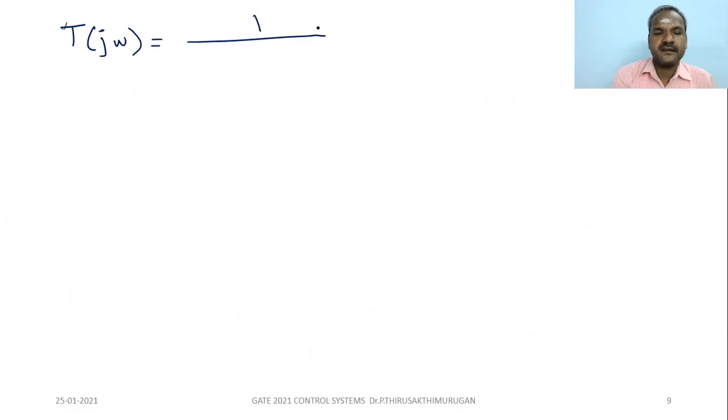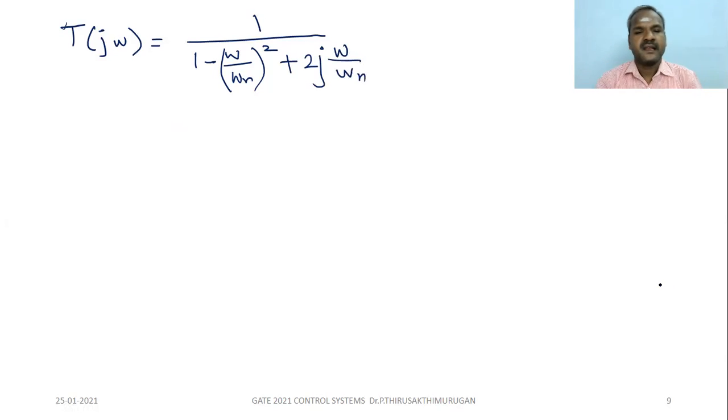Understand? So T of j omega, we can separate the real and the imaginary part. So 1 by 1 minus omega by omega n the whole square plus 2j zeta omega by omega n. Now I am going to represent omega by omega n as u.